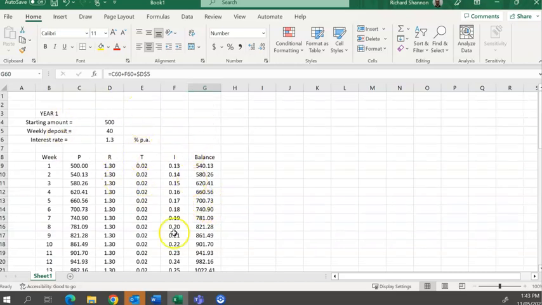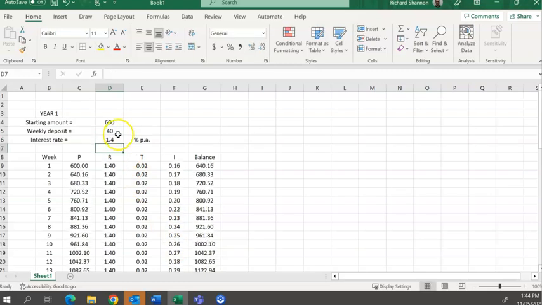Now, the beauty of this situation is because we've used these dollar signs, these absolute cell references, we can now play around with this. What if I saved up $600 to start it with? Everything automatically changes. What if the bank actually offers us 1.4%?